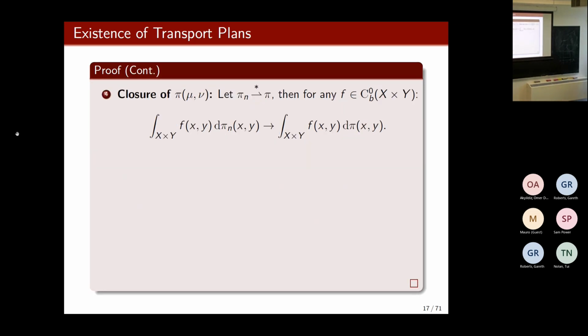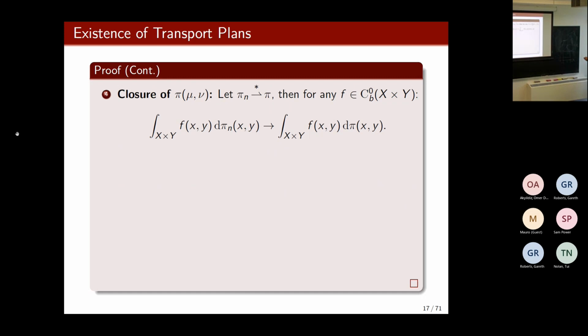Okay, I should check closure. If I have a sequence of pi_n in my set of couplings that's converging weak star, by definition this means I have this convergence here.